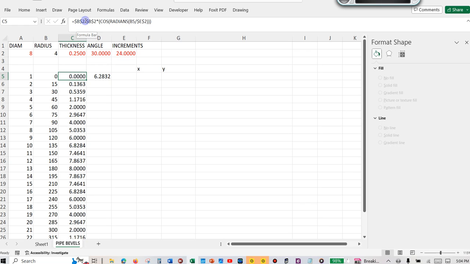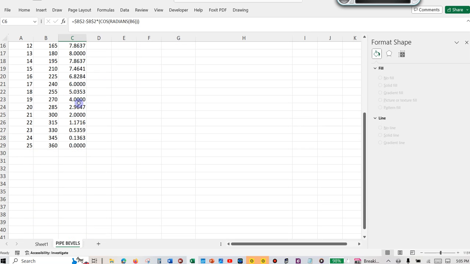So I've got the radius minus the radius times the cosine, and then the angle divided by E2. I don't know how I got 0 there. I could see that one. The cosine, radius minus 4, so it's 4 minus 4, so you're getting 0. And then you're getting those, and then all the way to the end.